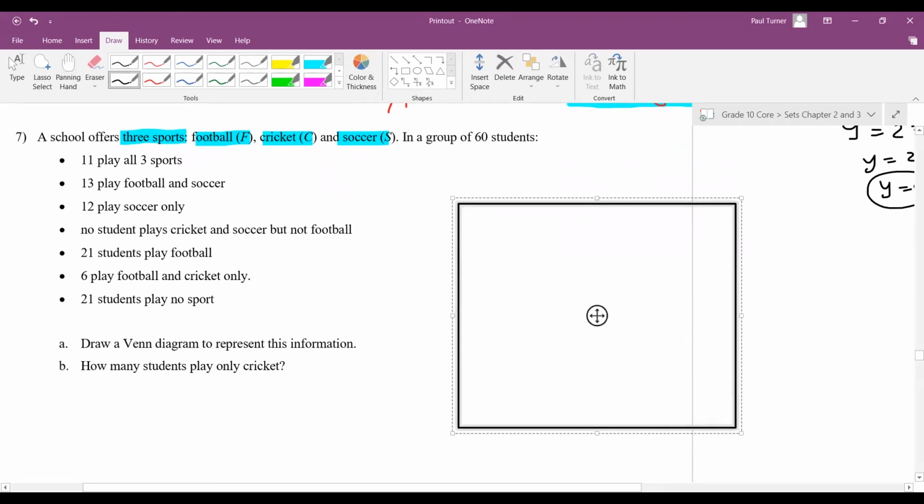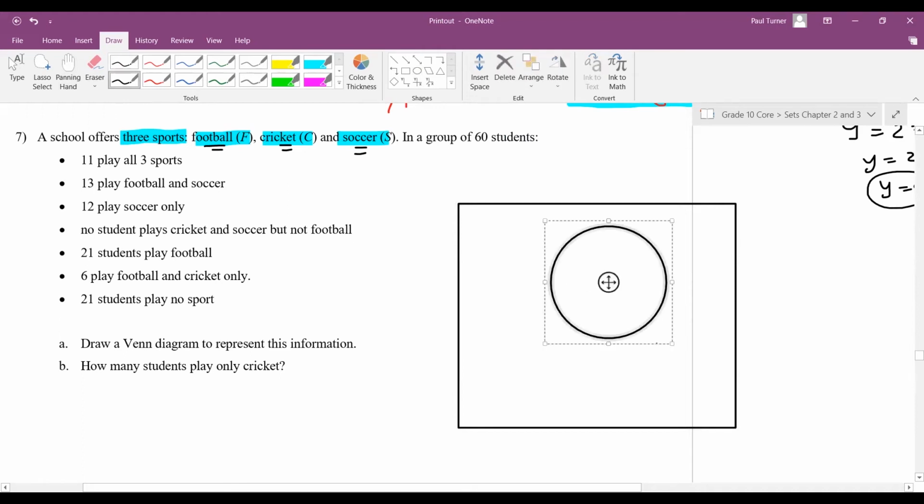Now we've got 3 sets, right? So now we're going to have 3 circles. I usually put one at the top like this, okay? And then I put the other 2 down on the corner. So I'll put one here, like that. And I'll make another one down here.